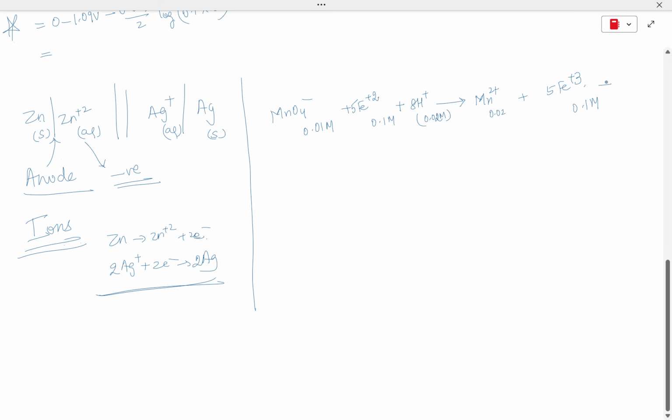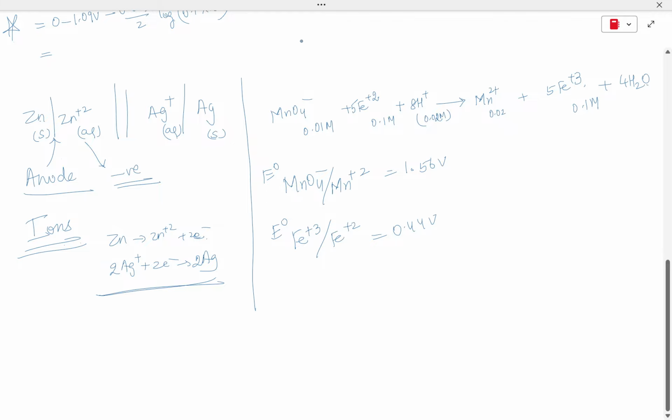I'm writing my own values. The MnO4 minus to Mn2 plus reduction potential is, let us say, 1.56 volts, and for Fe3 plus to Fe2 plus it is 0.44 volt.